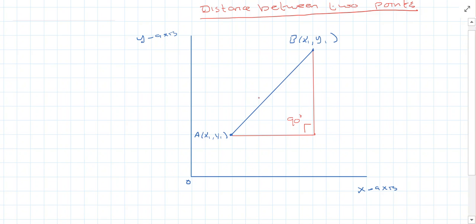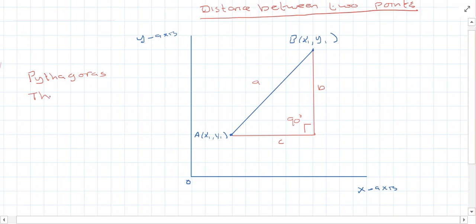Now, with Pythagoras' theorem, let's say we call this side A, this side B, and this side C. What Pythagoras' theorem states is that A squared, the length of A squared, is going to be equal to the length of B squared plus the length of C squared.